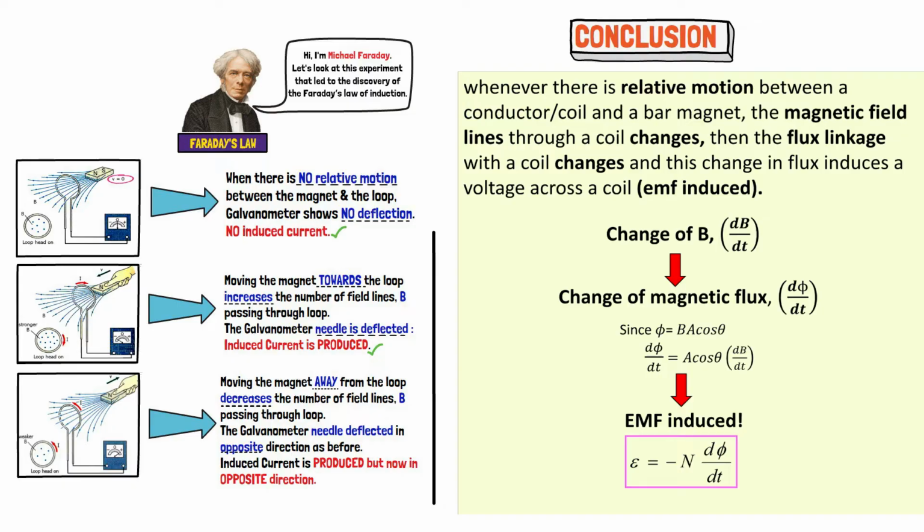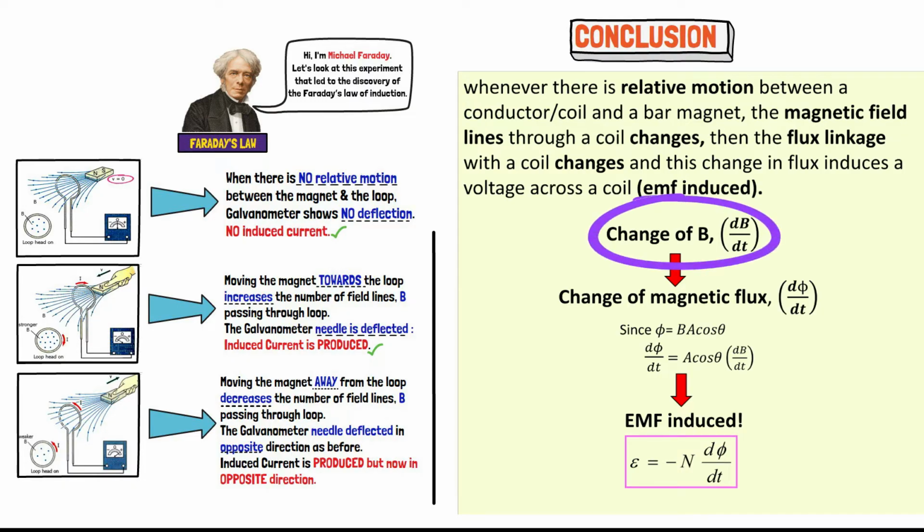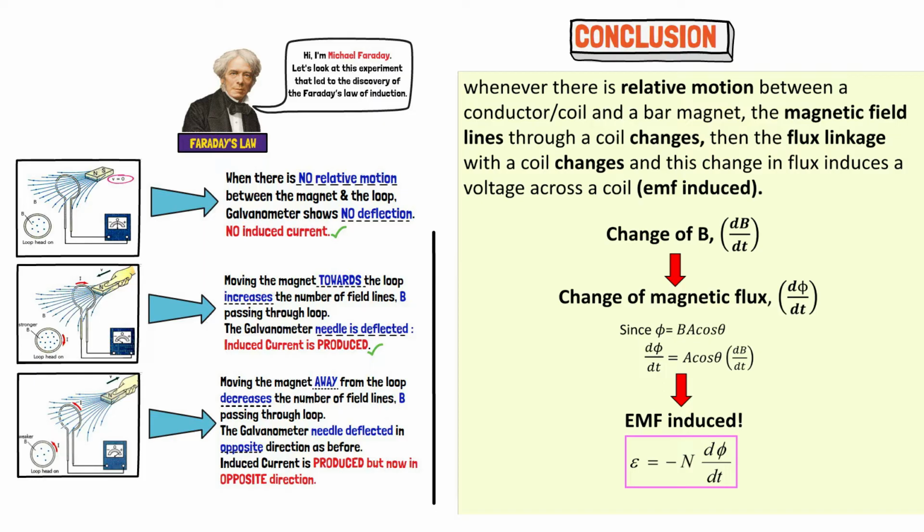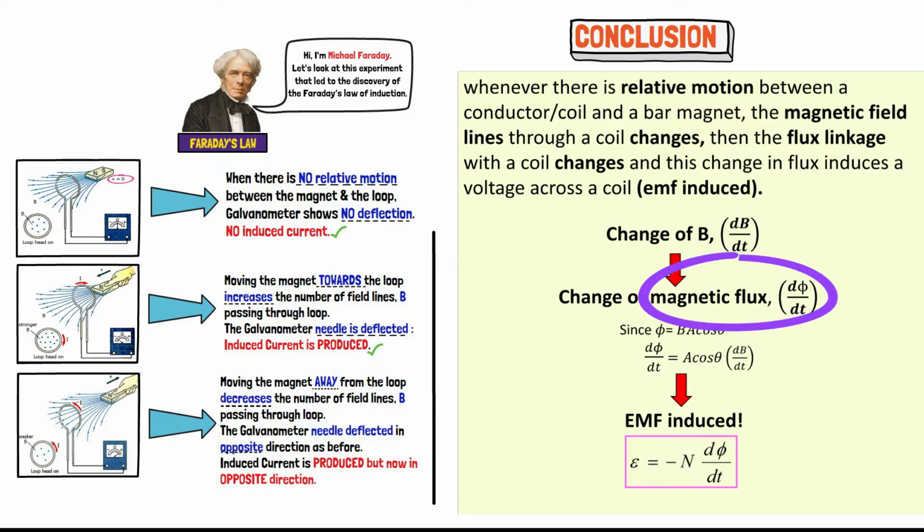Okay, so kita tengok dekat sini, when there is a change of B, dB over dt, there is also the change of magnetic flux. Bila ada perubahan B sama ada meningkat ataupun menurun, bermakna akan berlakulah perubahan magnetic flux dphi over dt.